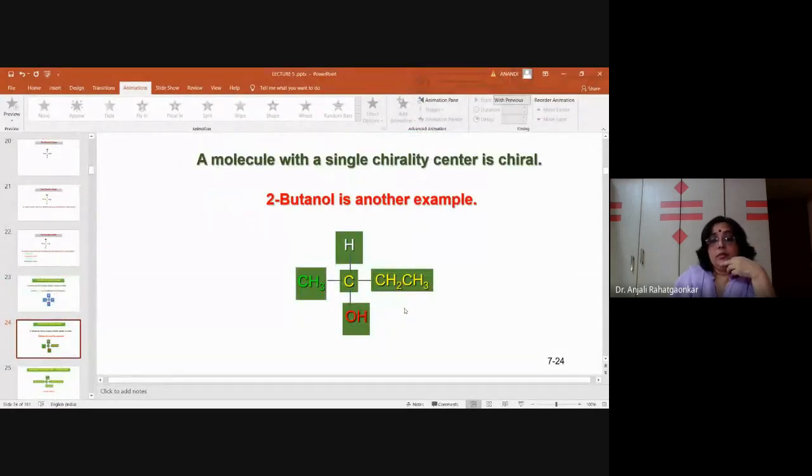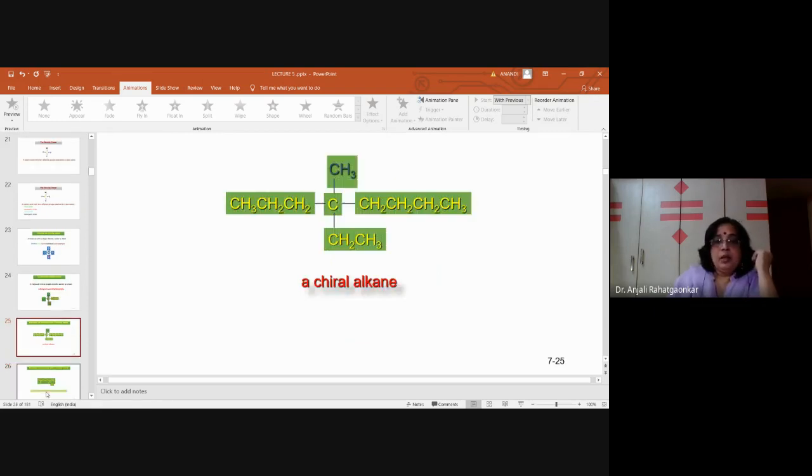So this is a chiral molecule because it is connected with four different groups. Just now we discussed this molecule: we drew the mirror image, and we got another structure that is a mirror image, and they are non-superimposable. This is another one.